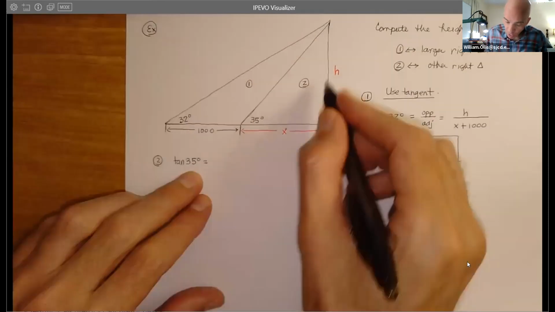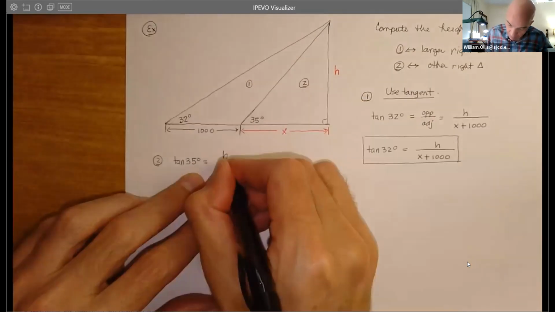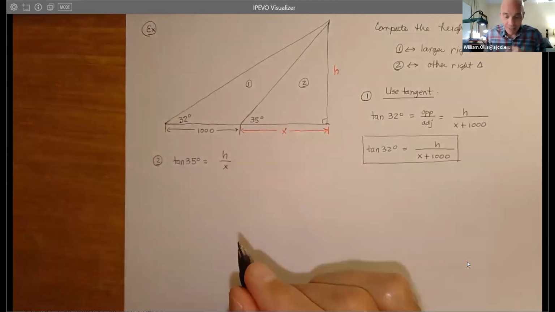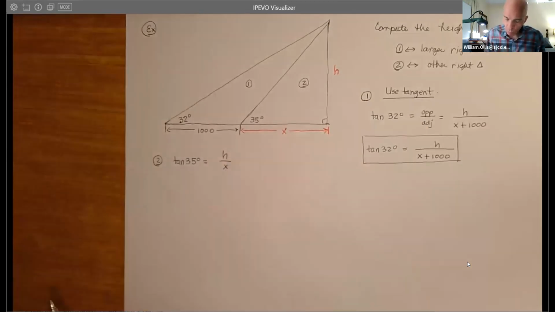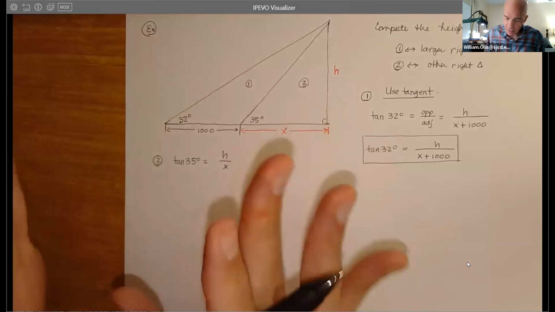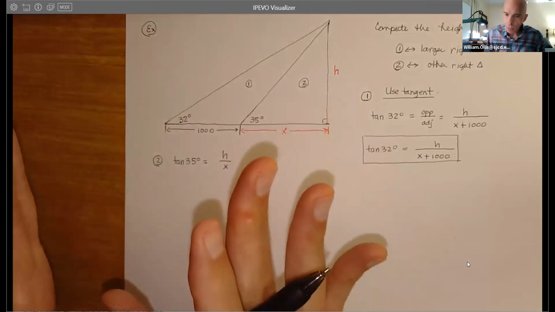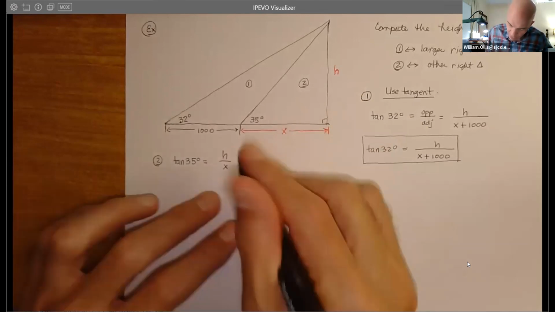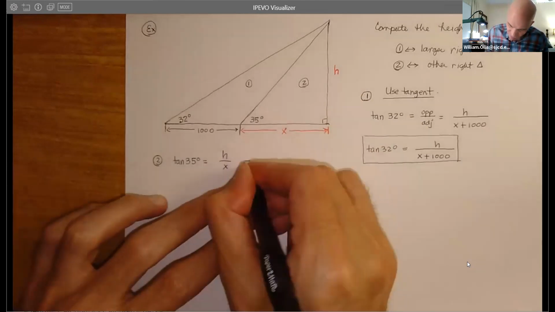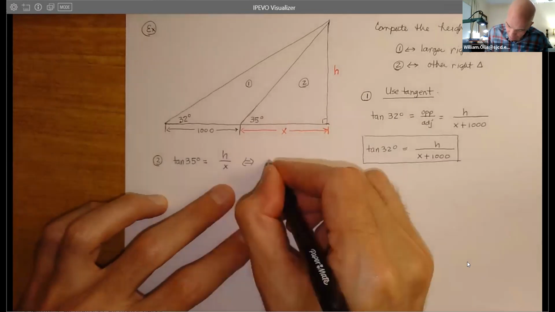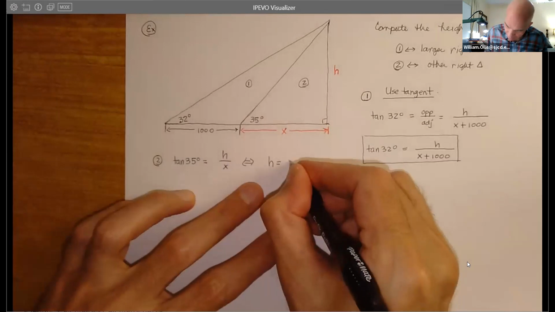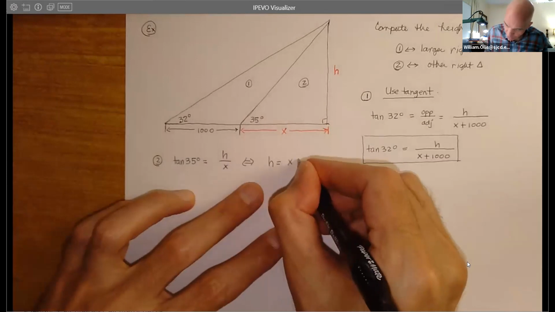So we have h over x. Now when you look at this, you think, okay, what does this tell us? Well, we've got h is equal to x times tangent of 35 degrees.